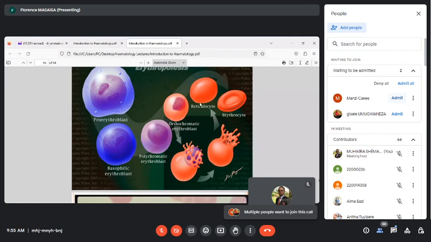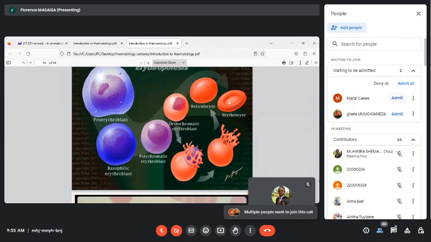At the stage of reticulocyte, the bone marrow will release the reticulocyte into the bloodstream. So all the maturation processes are done in the bone marrow. The reticulocyte will spend 1 to 2 days in the bloodstream and become a mature erythrocyte.